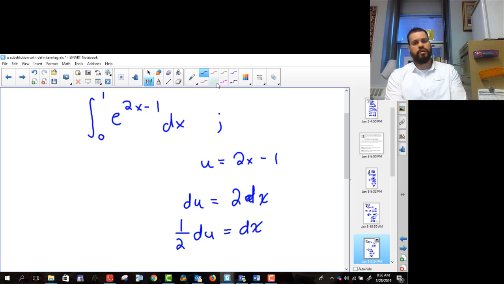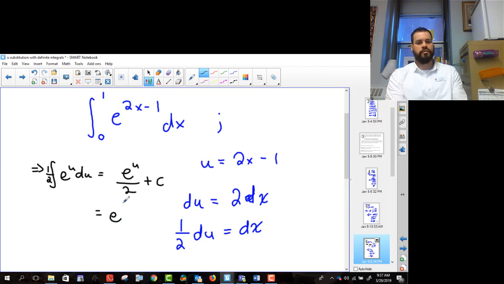So we would go, let's pretend the limits aren't there. We'd get a half out here and e to the u du. So the integral of that is e to the u over 2 plus c, which would give me e to the 2x minus 1 over 2 plus c.